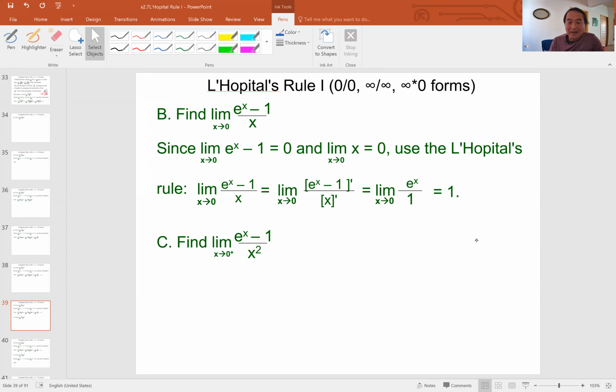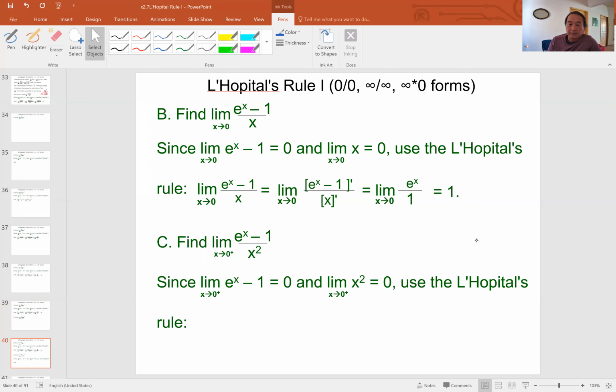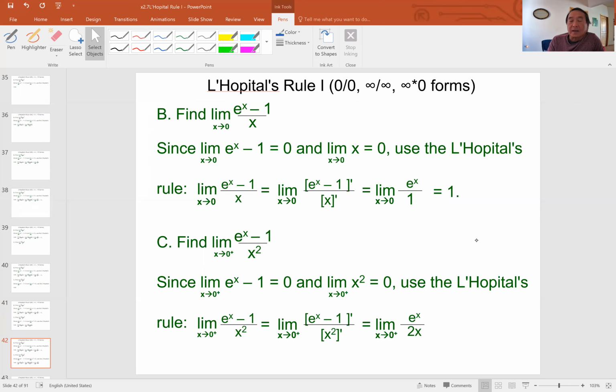But if I put x squared on the bottom, then I will get an extra x on the bottom. And as x goes to 0, that makes the denominator become 0, from the positive side. I'm not going to worry about jumping around positive and negative.